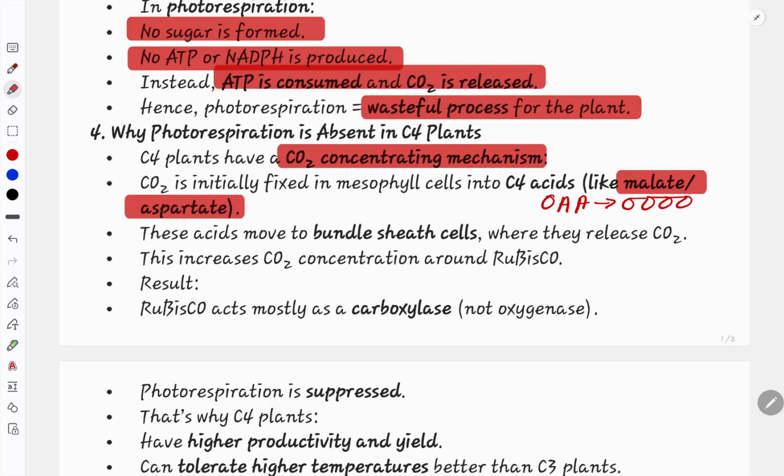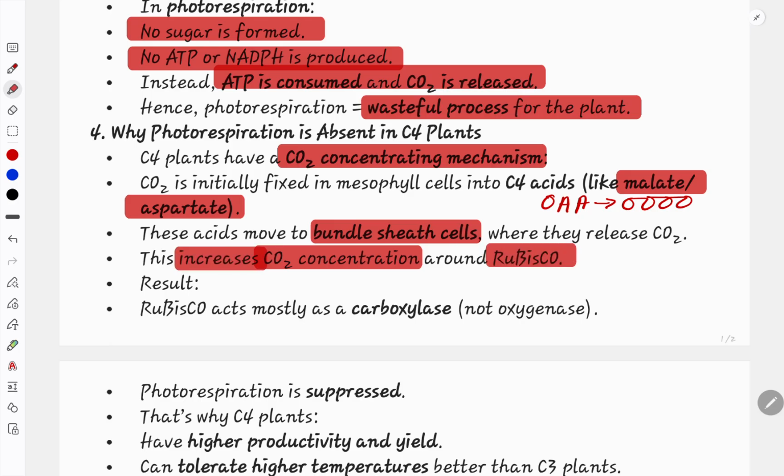These acids move to the bundle sheath cell where they release CO2. This increases the CO2 concentration around Rubisco. Rubisco is mostly carboxylase, not oxygenase. Why?